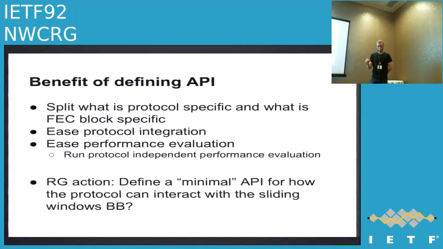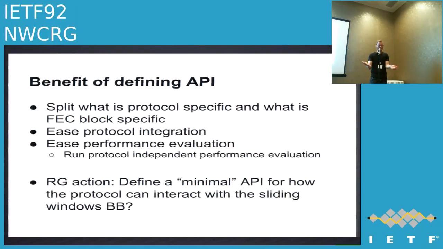Just to add a little bit on top of it, I was following some of the discussions in the RMCAT group and other places where they specify congestion control, and I think one problem with having just the specs is that the people who need to do the evaluation are sitting with a number of different implementations with different APIs.